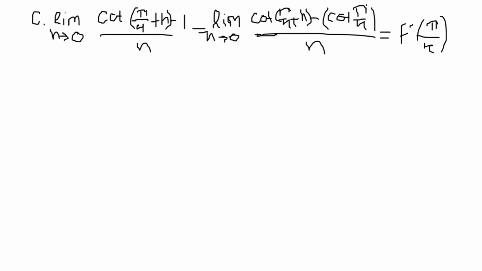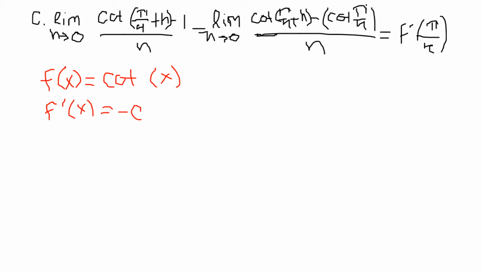From this we know, because it's the definition of the derivative, that f of x is equal to cotangent of x. So f prime of x is equal to negative cosecant squared of x.